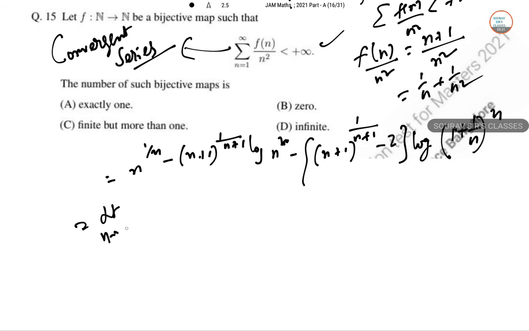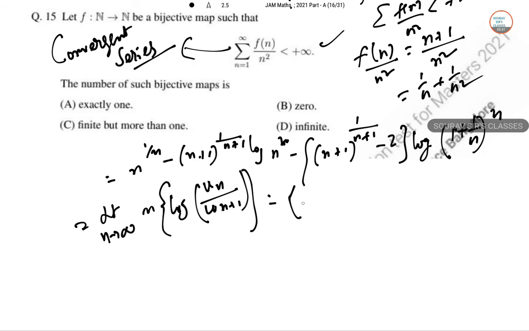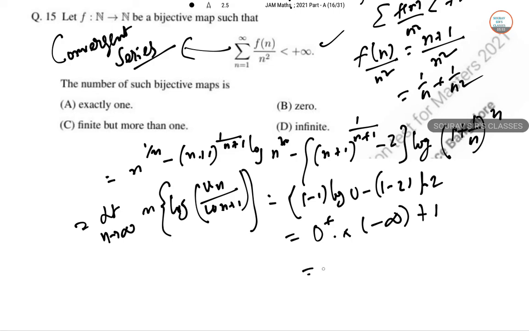So limit as n tends to infinity of u_n by u_(n+1). If we take it like this, 1 minus 1 log 0, 1 minus 2 log 2, this is minus infinity, hence less than 1.